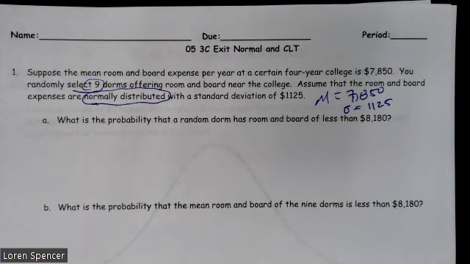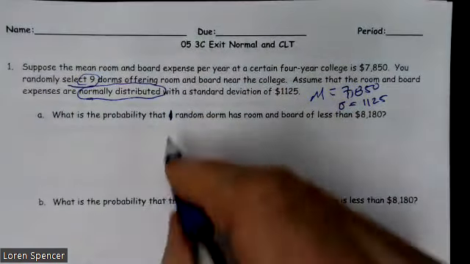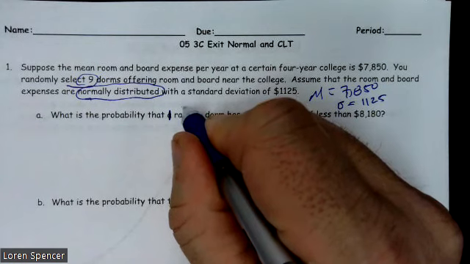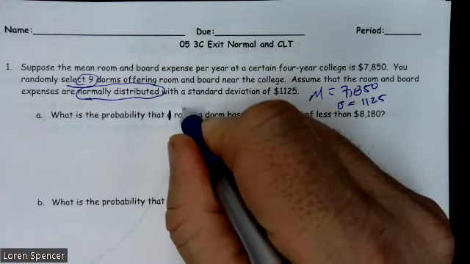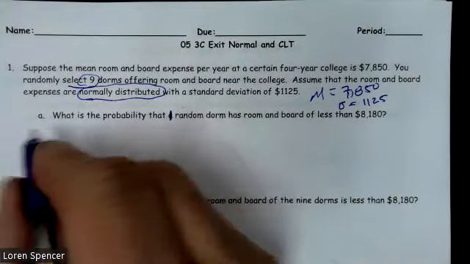What is the probability that a random dorm has room and board of less than 8,180? Well, in this case, we're dealing with one random dorm. So central limit theorem does not apply. This is just going to be a normal. So let's go ahead and draw our picture.